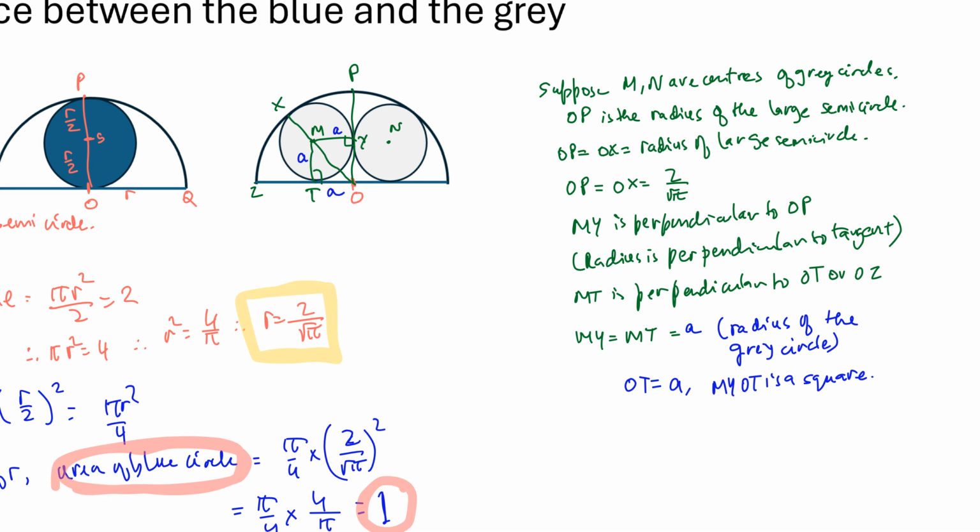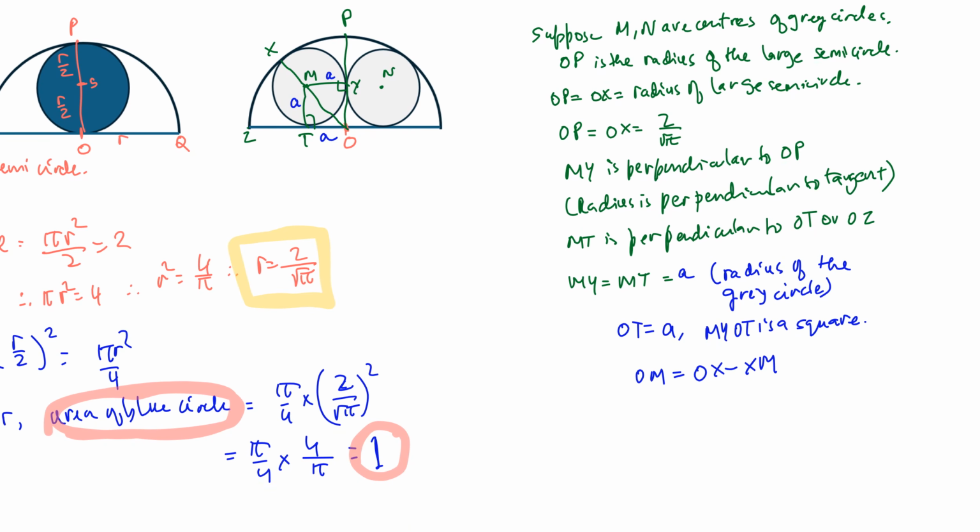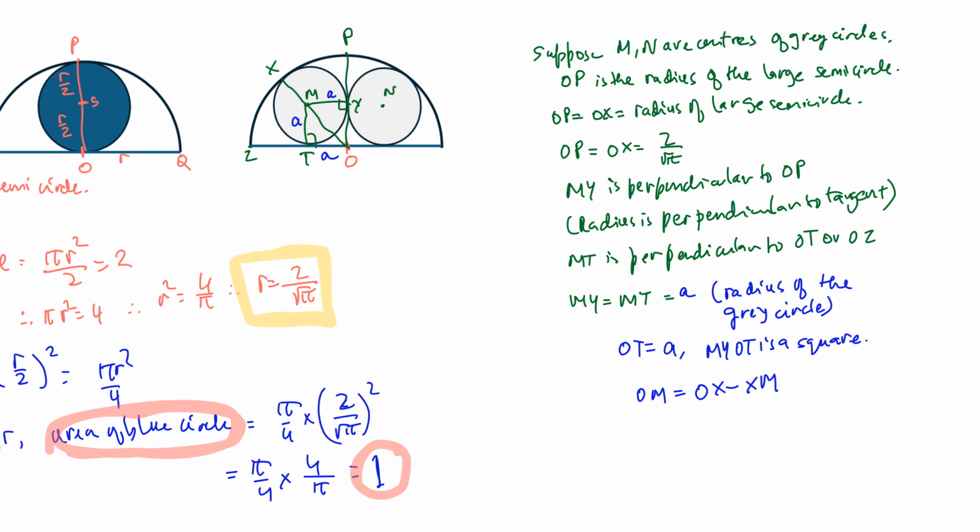So now I can say that OM is equal to OX minus XM, and I know what OM is. OM is the square root of A squared plus A squared, by Pythagoras theorem.